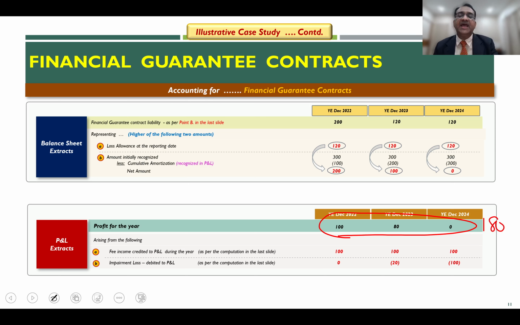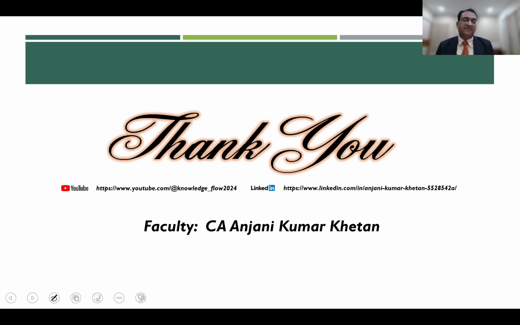And in the balance sheet, every year you are comparing these two numbers and carrying your liability as it should be. So that's what I wanted to cover in this particular video, and we will continue our discussion on this topic, as we need to go much deeper into it.